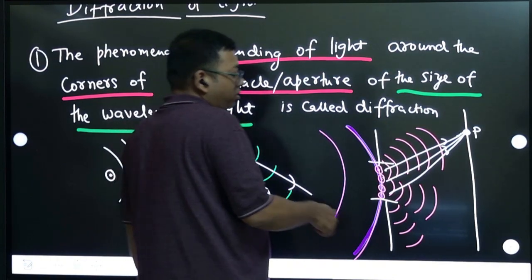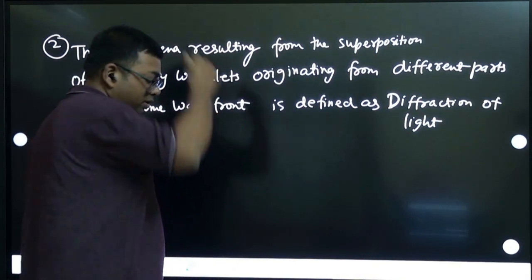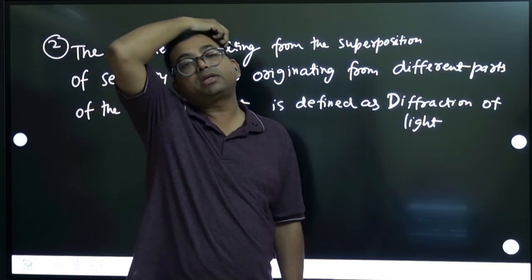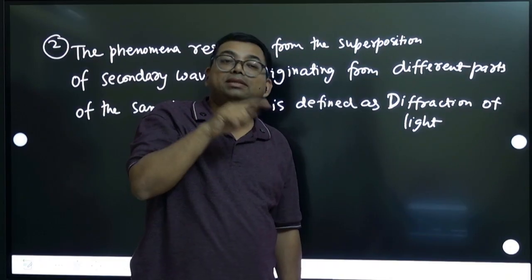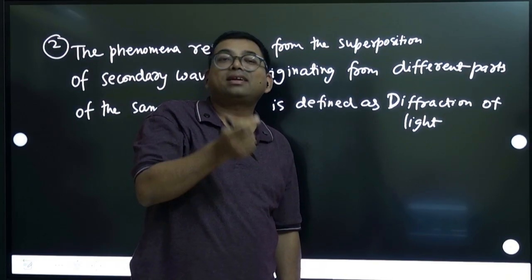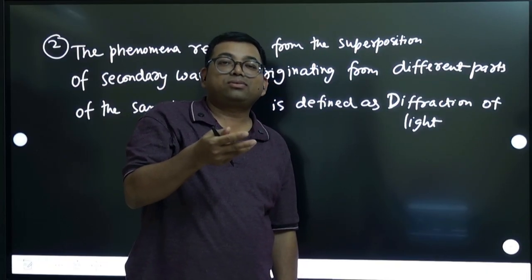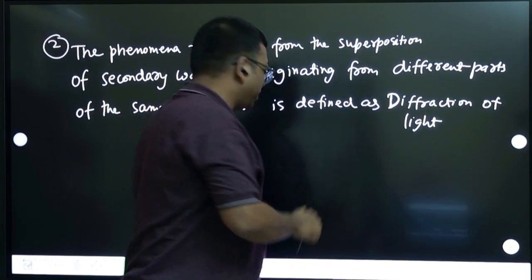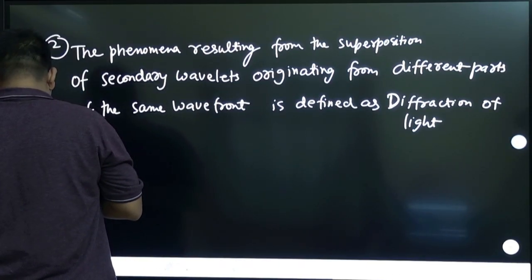That is why this is called diffraction. Very important definition, because if you take a single slit and double slit, that's the main difference. In double slit there are two different wavefronts, but in single slit only one wavefront, and those secondary wavelets are acting as sources. Very important definition.